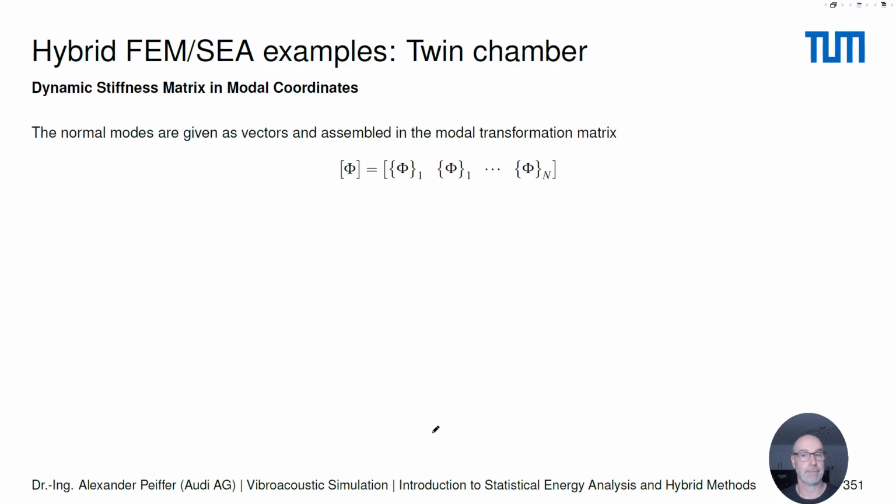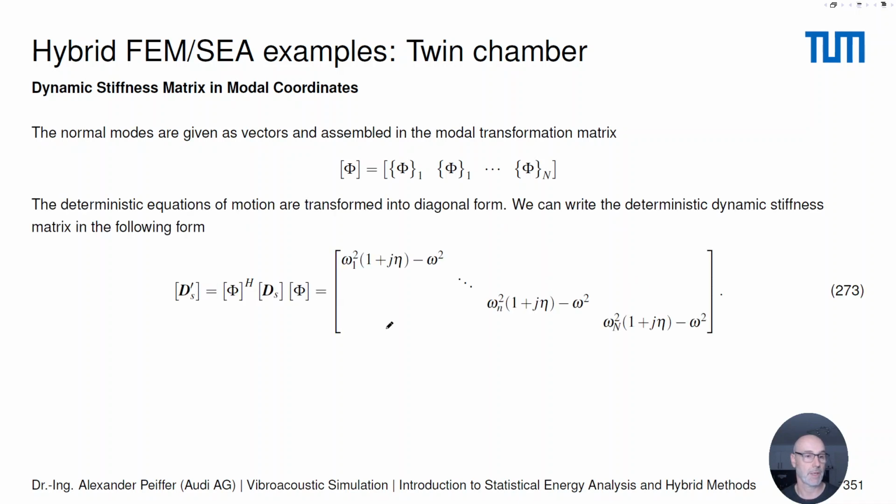Okay, as mentioned, everything is expressed in the modal base. That means we will use a modal transformation matrix in our hybrid equations, which is just summing up all the particular modes in this matrix.